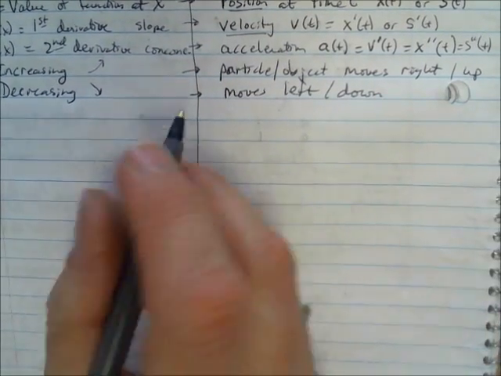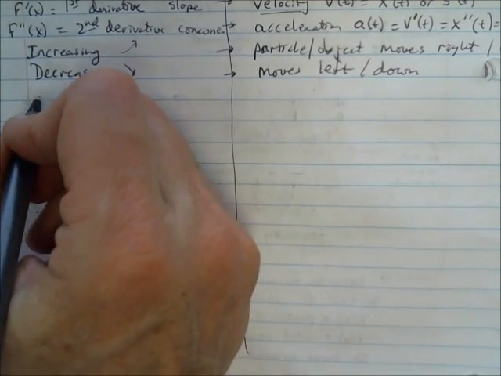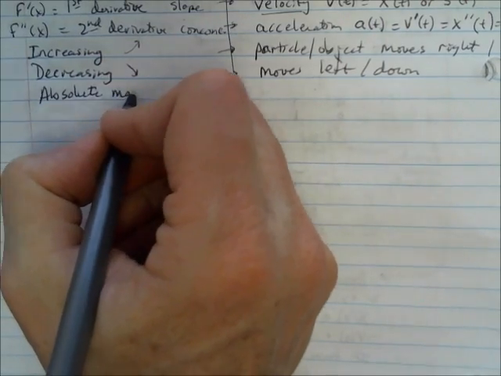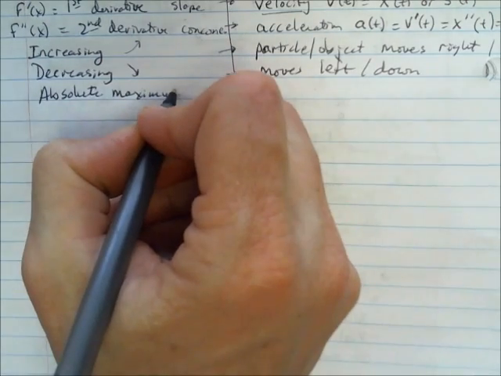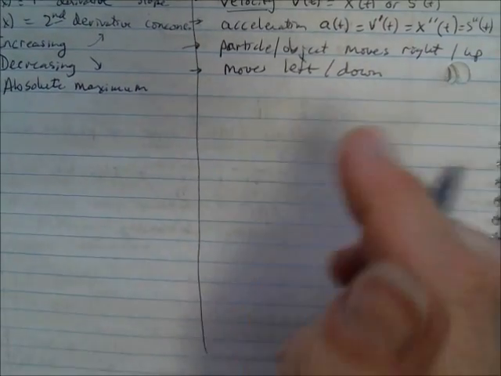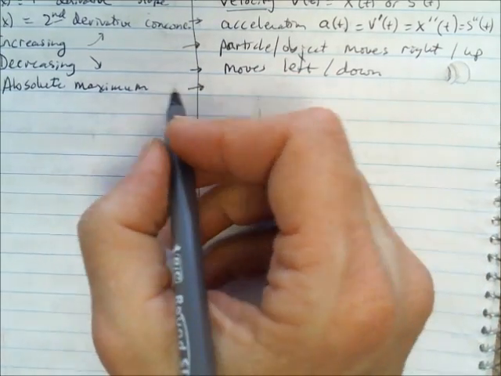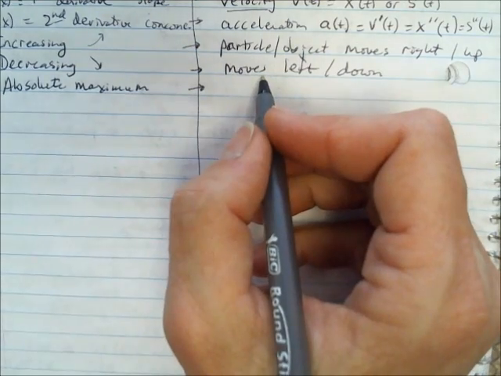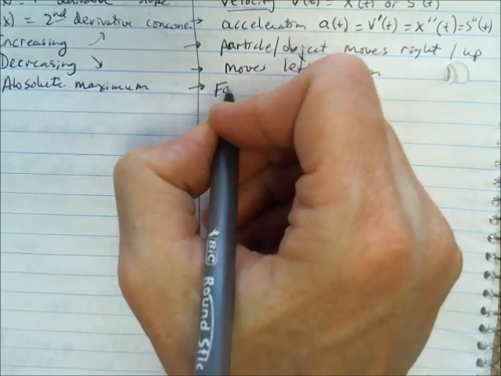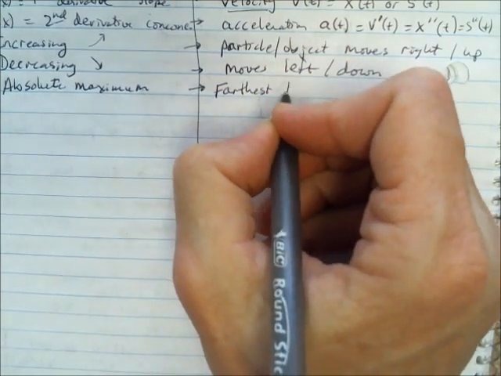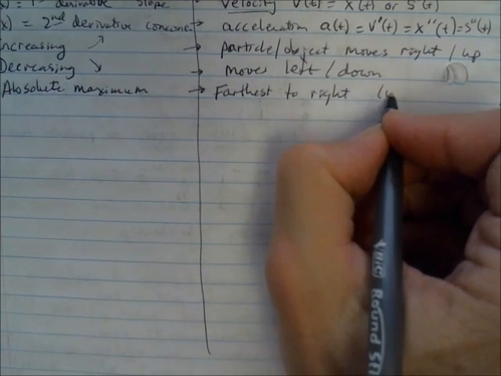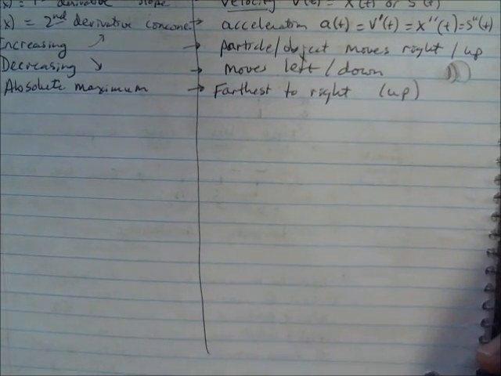Horizontal or vertical. Sometimes we talk about an absolute maximum. And you can calculate absolute maximums on the function with derivatives, and we've done that enough for you to know what that is. But if you're talking about an absolute maximum in linear motion, it means that it is the farthest to the right on the x-axis, or the farthest up if you're talking about vertical motion.